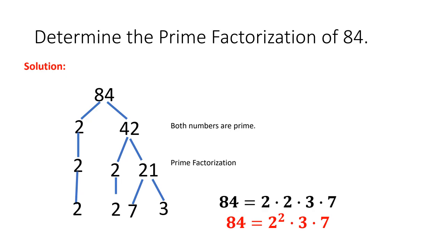This is my prime factorization, because if I multiply 2 times 2 times 3 times 7, that gives me 84, and all of these are primes. Usually, a simplification is that anytime we have repeated numbers, we put them as an exponent. So since we have two 2's, we write it as 2 squared times 3 times 7.